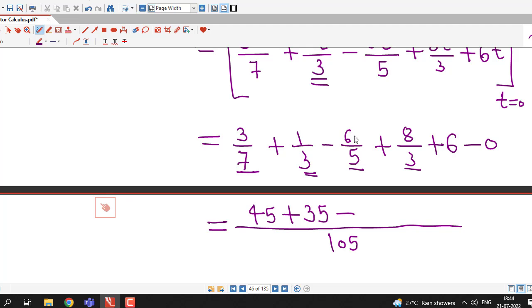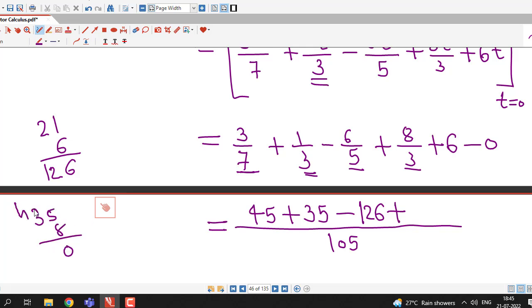Similarly here I have to multiply by 21, and let me check. If I multiply by 21 with 6, I will have 126. Plus here again I have to multiply this 8 by 35.